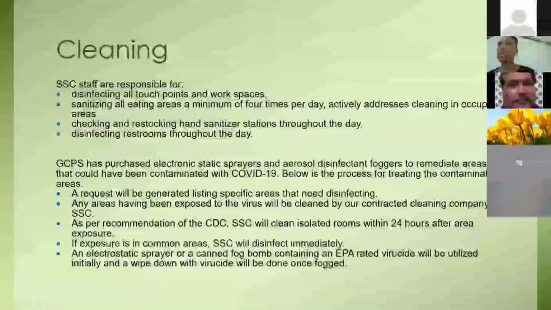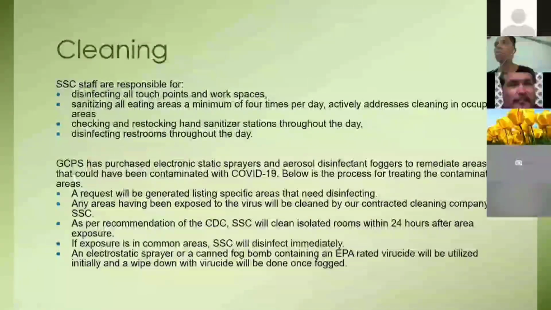So this is just some cleaning information from Service Solutions, and the things that will be cleaned. Those high touch point areas and workspaces will be cleaned more frequently than usual. If you are in your building and you realize there's no soap or no sanitizer, please reach out to your administration so that they can reach out to us.